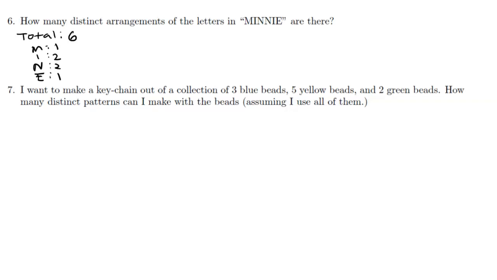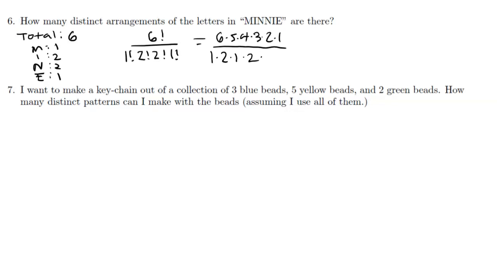So then if we remember that formula, it said to take the total number, do that factorial on the top, and then in the bottom, take all of the different types, how many of each type there is, and do all of those factorials. So 1 factorial, 2 factorial, 2 factorial, 1 factorial in the bottom. So then writing this out, we're going to have 6 times 5 times 4 times 3 times 2 times 1 over 1 factorial is just 1, 2 factorial is 2 times 1, another 2 times 1, and then another 1.